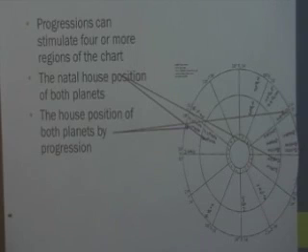Actually, it takes half that time, 6 years to move a degree by major progression. So Jupiter is also in the same house it was at birth, but the Sun progresses at 1 degree basically every year. So we can see that the Sun has progressed forward from the degree it was at birth to where it was in the progressed chart. So we're looking at events that are stimulating 12th house activity.